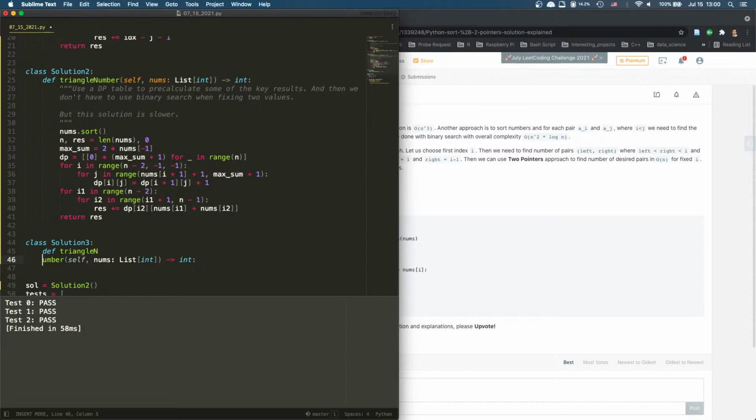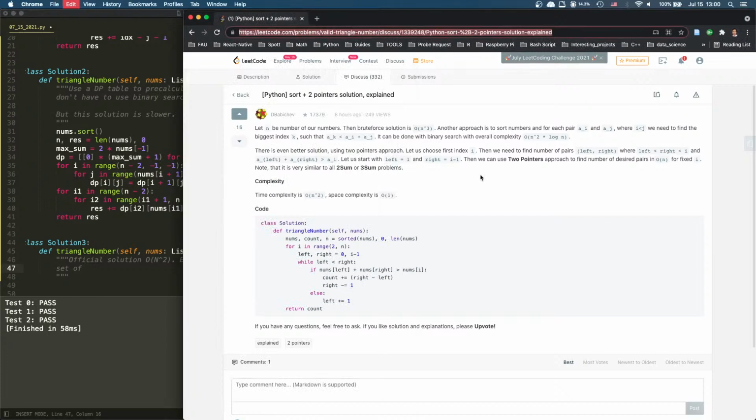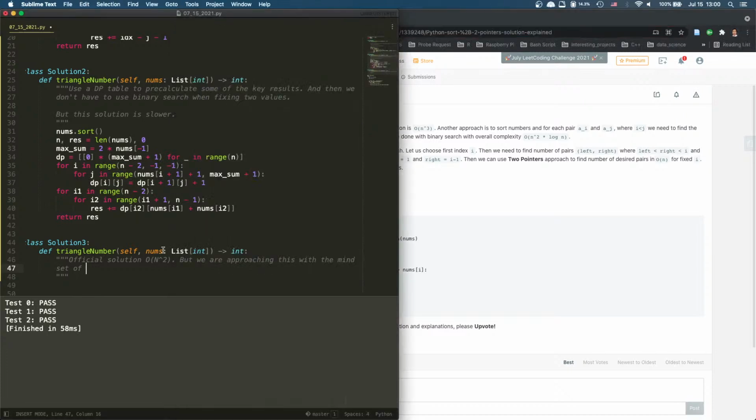This is the official solution on squared, but we are approaching this with a different mindset.